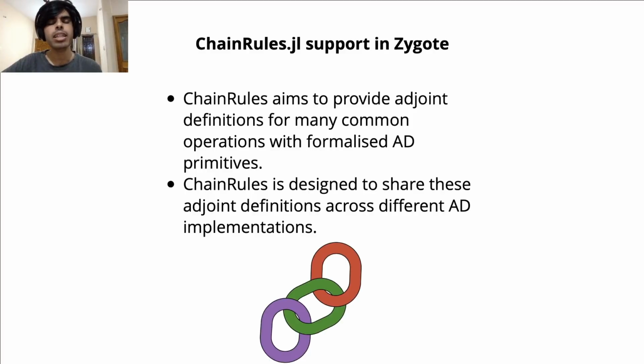And as a matter of fact, we can share these adjoints with the rest of the ecosystem in a much more feasible manner. ChainRules has support for both forward mode and reverse mode, which means that we can realistically see forward mode, reverse mode, and mixed mode AD become significantly easier to adopt for newer AD engines that might want to take advantage of them and have those rules defined just by consuming the ChainRules API.